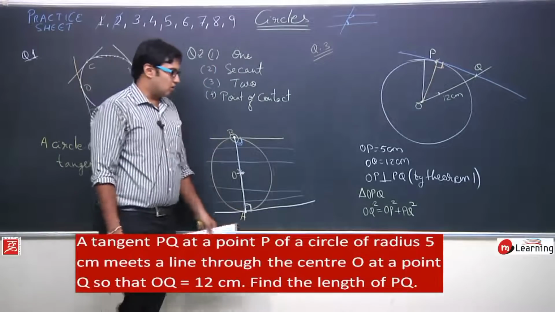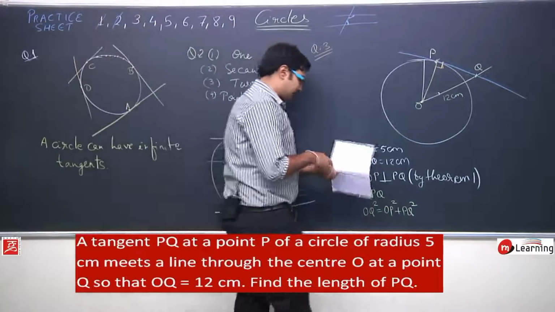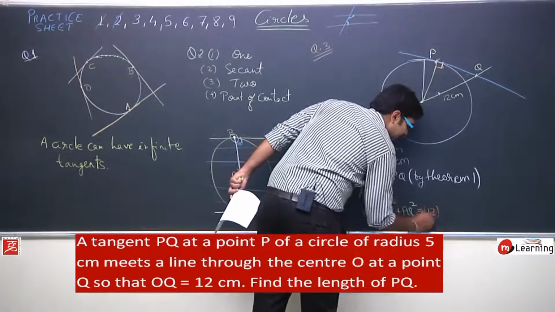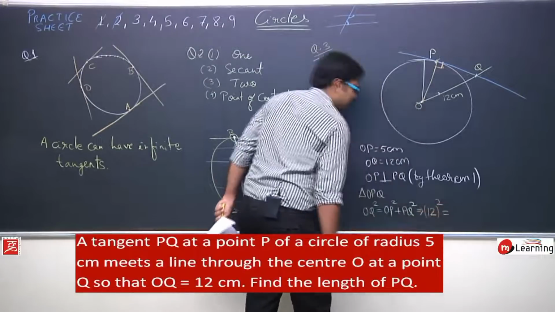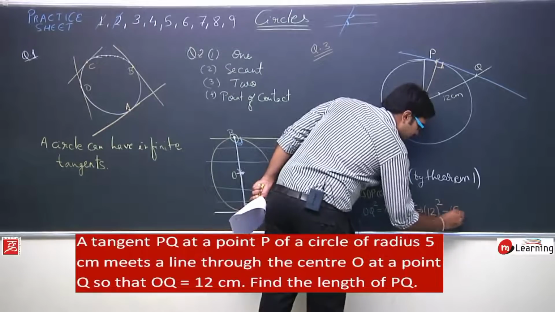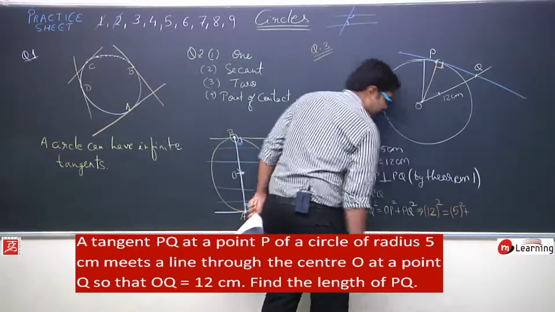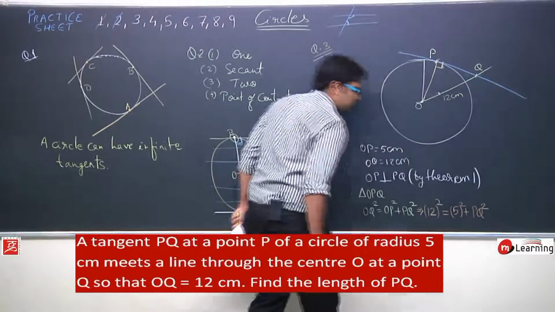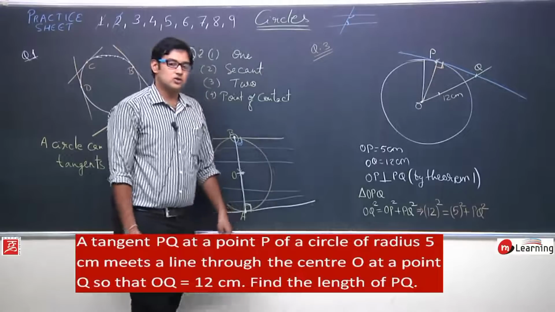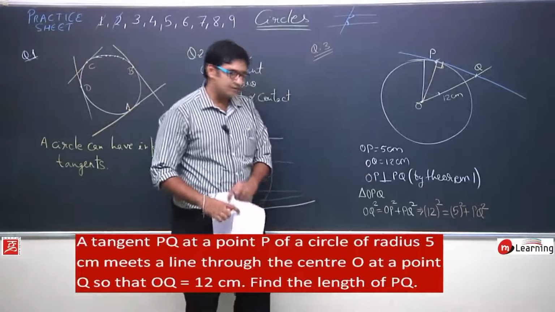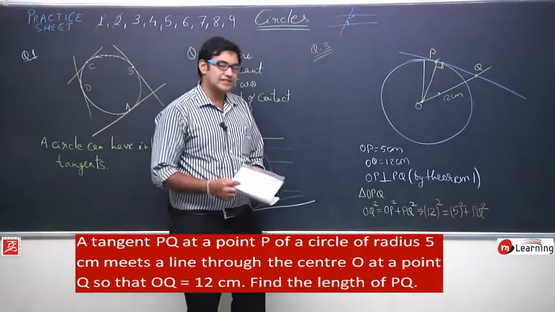Now OQ is given as 12 centimeters, OP is 5 centimeters, and PQ square is as it is. So 12 square is equal to 5 square plus PQ square.